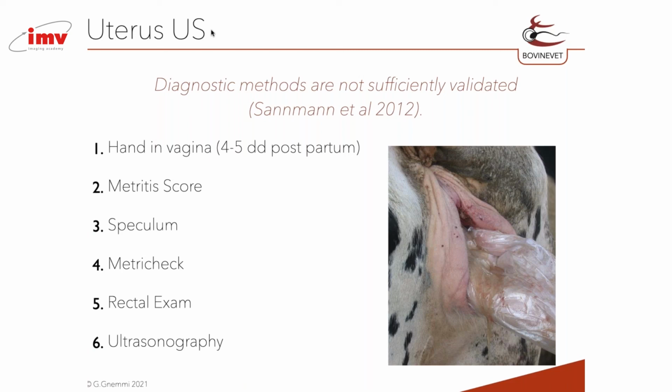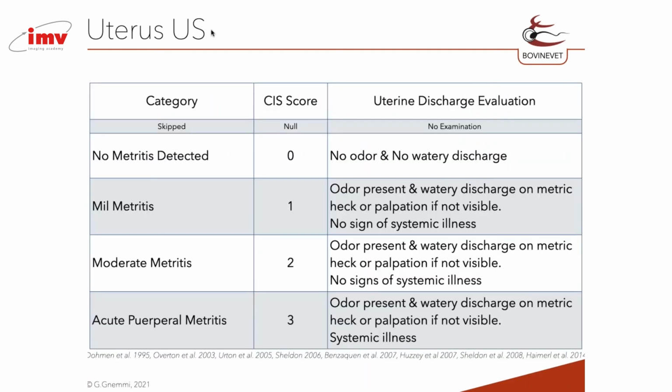For this type of diagnosis, I believe that we can use other methods that are simple and probably with a better cost benefit. So there are some people who are using hand in vagina, metritis score, speculum, metricheck, rectal palpation. Well, I like to use metritis score, but not to do individual diagnosis, but when I am working on the postpartum pen, to take pictures of the situation inside this pen.